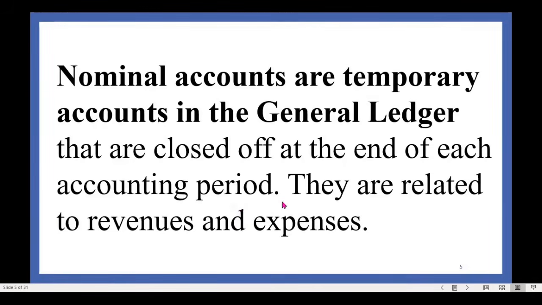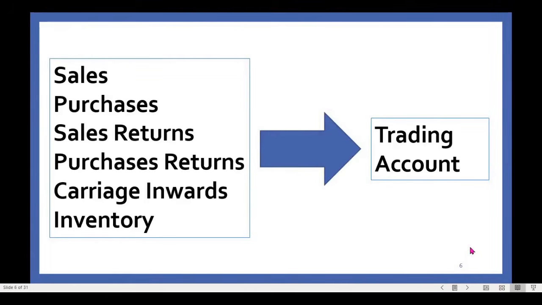Now you may ask, what are nominal accounts? Well, nominal accounts are temporary accounts in the general ledger that are closed off at the end of the accounting period. They are related to expenses and revenues.